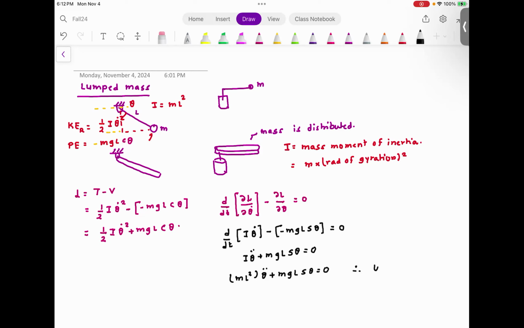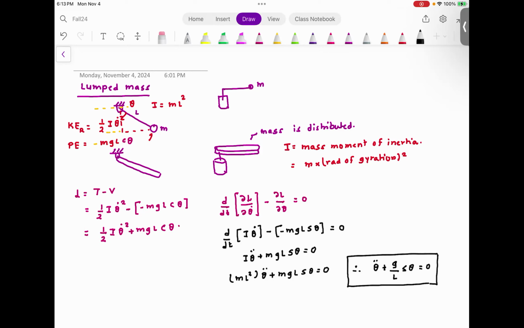So at the end, I get this expression: theta double dot plus g over L sine theta is equal to 0. And this is the same equation that we derived in the previous class.